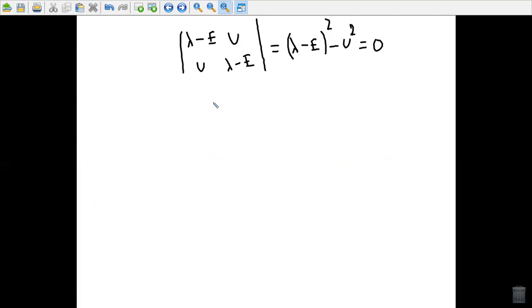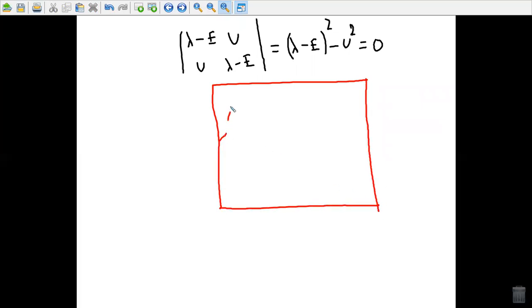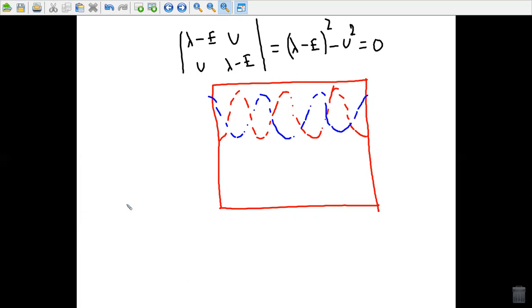So if we plot these periodic potentials, we can see this type of behavior. This line is for potential.